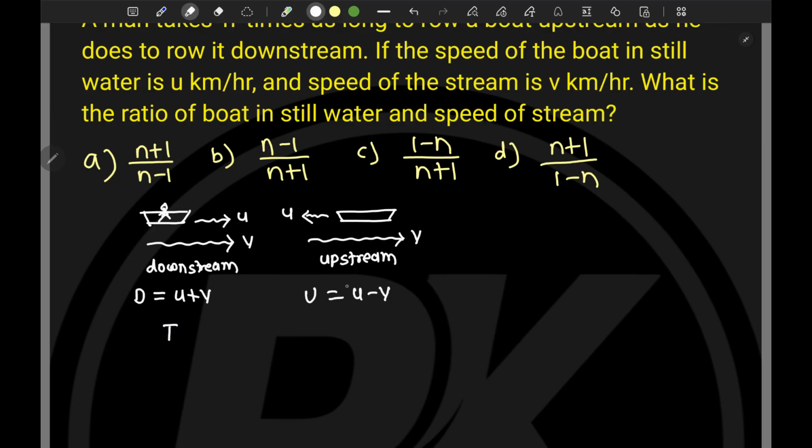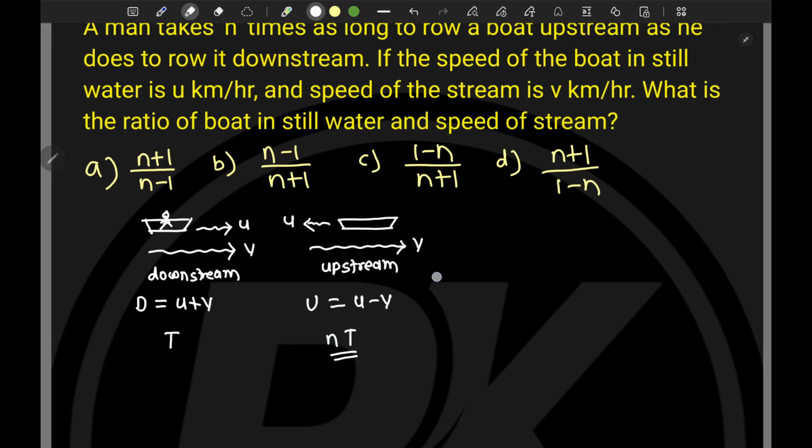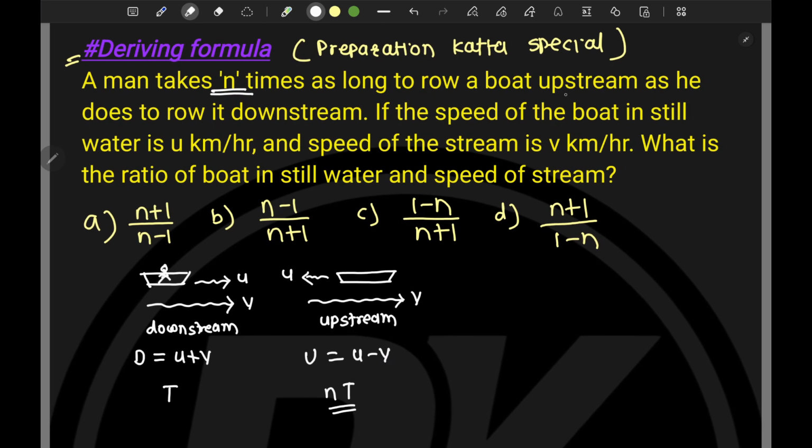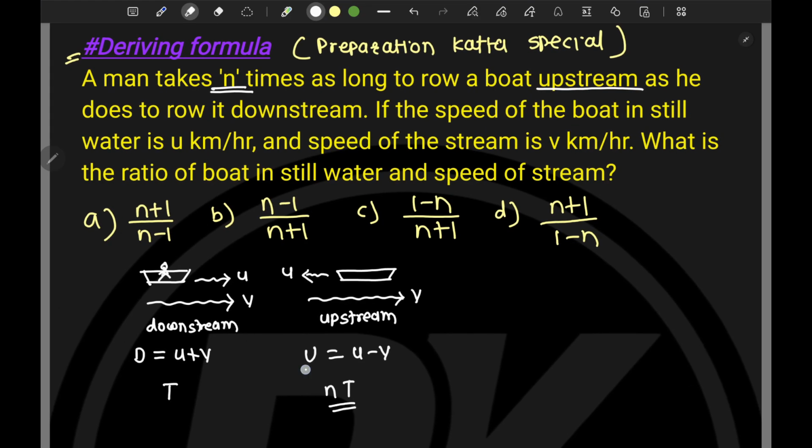Now what they have given: if in downstream the time taken by the boat to cover the same distance as upstream was t, then in upstream it was taking n times t. I'll read it again: a man takes n times as long to row a boat upstream. In upstream it is taking n times compared to downstream.